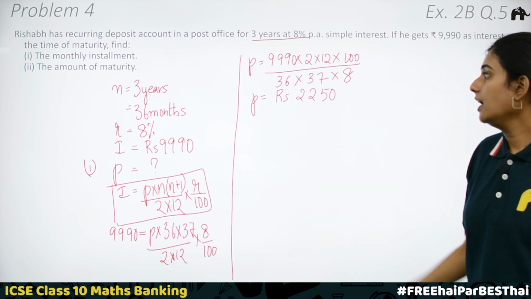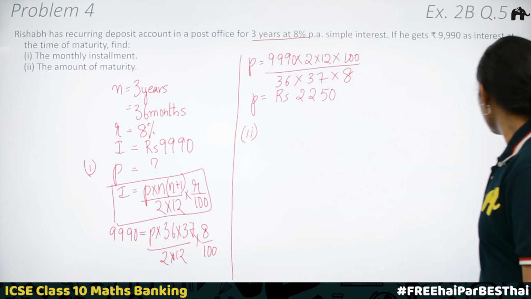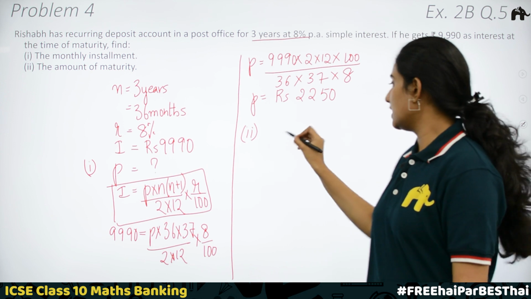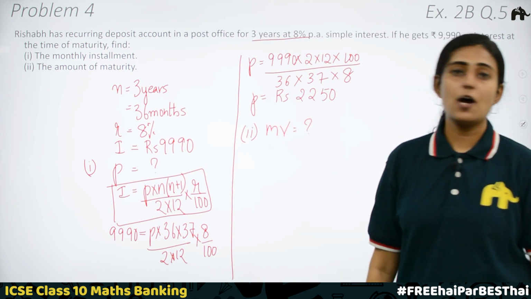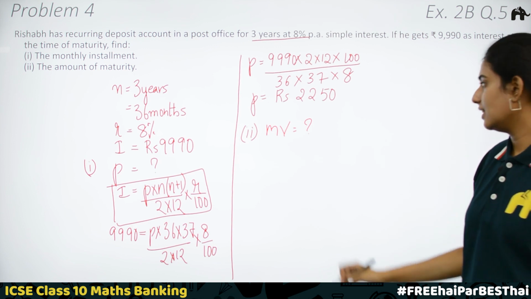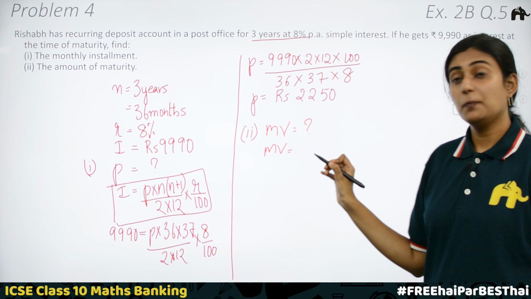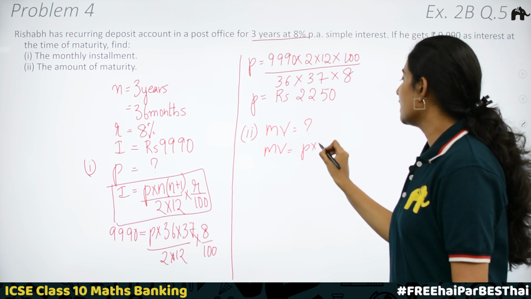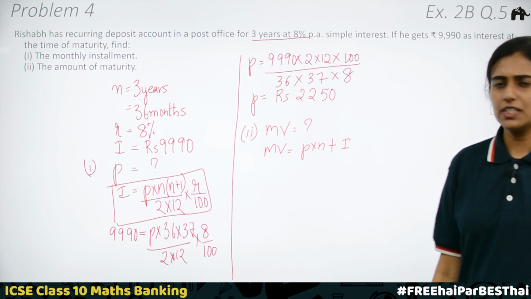Now the second question is to find the amount of maturity, that is maturity value. How do you find the maturity value? Maturity value is equal to P into N plus I. Substitute the values.